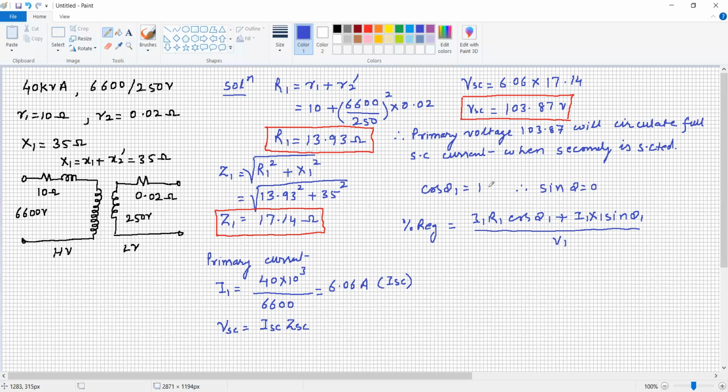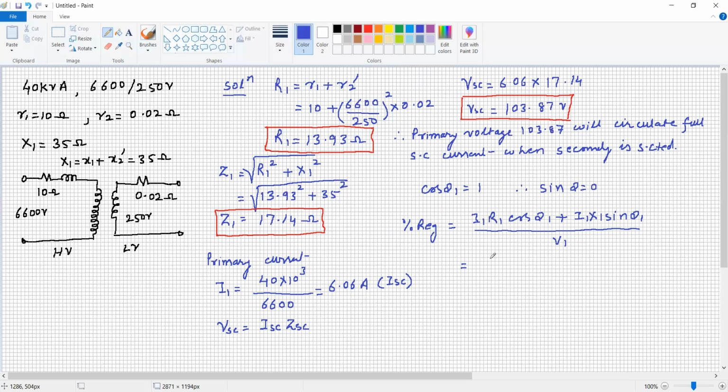This can be calculated by transferring the resistance and reactances to the secondary side. Secondary current, now calculate the secondary current instead of primary current. Similarly, 40 into 10 raised to 3 divided by 250.